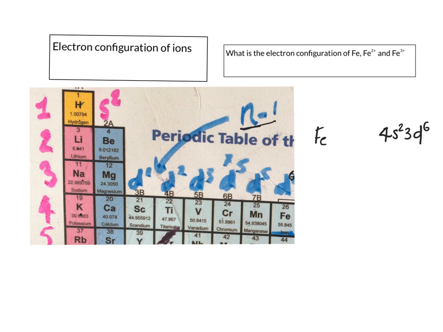Now we also know if we move backwards that it's got the argon core. It's isoelectronic with argon. So when it becomes a 2+ ion, it's going to lose electrons. If you cast your mind back, when electrons are filling up the energy levels, whilst they're vacant, electrons fill the 4s because it's lower. However, as those energy levels are filled, the 4s moves further away and becomes of a higher energy level.